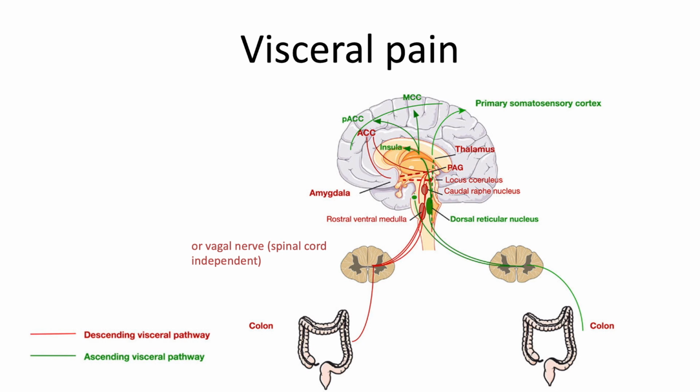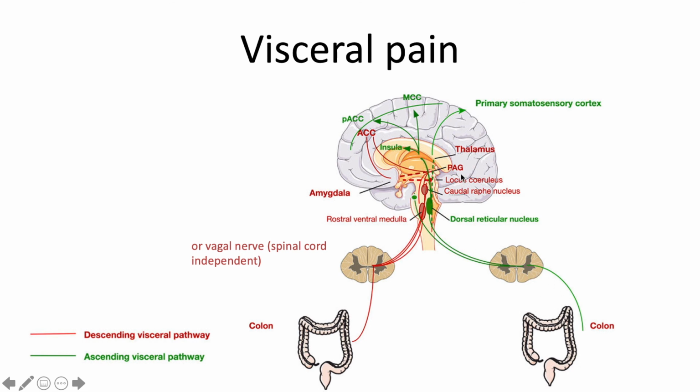Extrinsic pain receptors respond to stretch, pH, bacterial or immune-derived products, but also to neurotransmitters. These nociceptors can be found in all layers of the GI tract wall and transmit pain signals to the brain via the spinothalamic tract and the dorsal column.